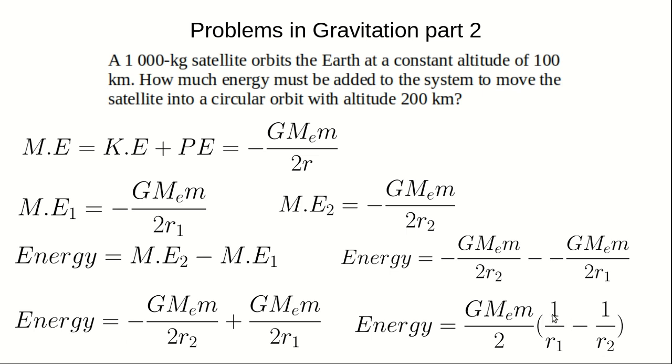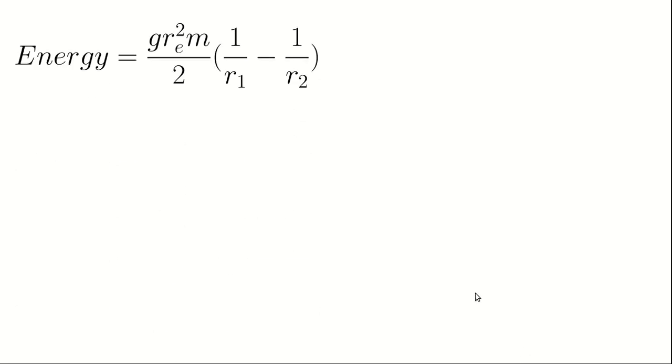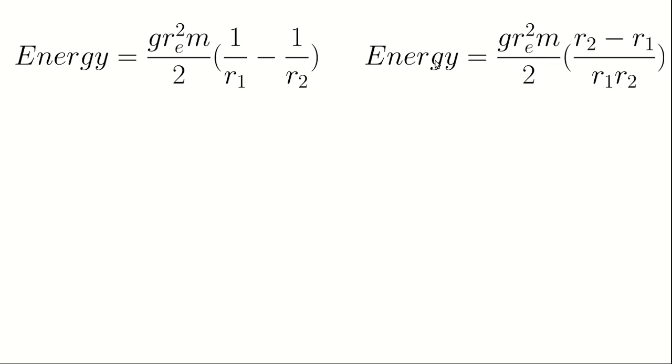So this one can come here, this one can come here, all over the multiplication of these two. Then also note that your capital letter G multiplied by capital letter M subscript E is also known as small letter g, capital letter R_E squared, where R_E is the radius of the Earth. Okay, so this is what we now have.